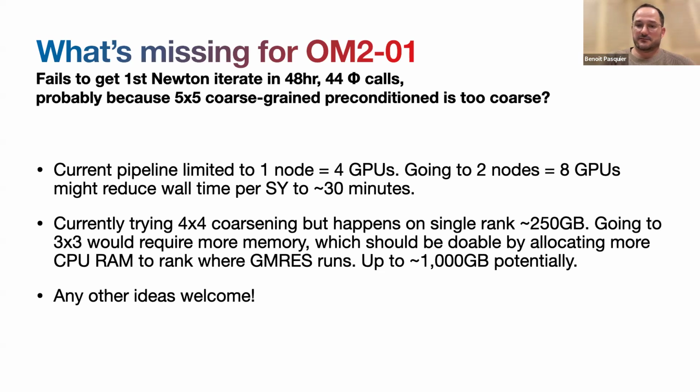So I'm currently running 4x4, crossing my fingers that it works. It's in the middle of the run. It takes a bit of time to get on those GPU queues on Gadi because they are quite in demand. So this is also a bit slowing down the progress.